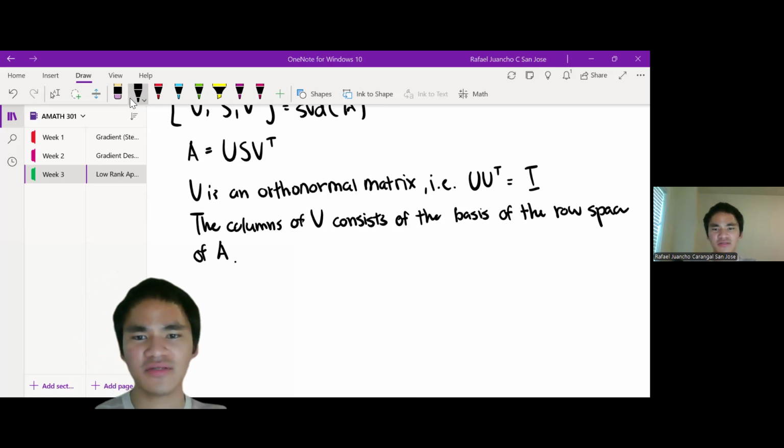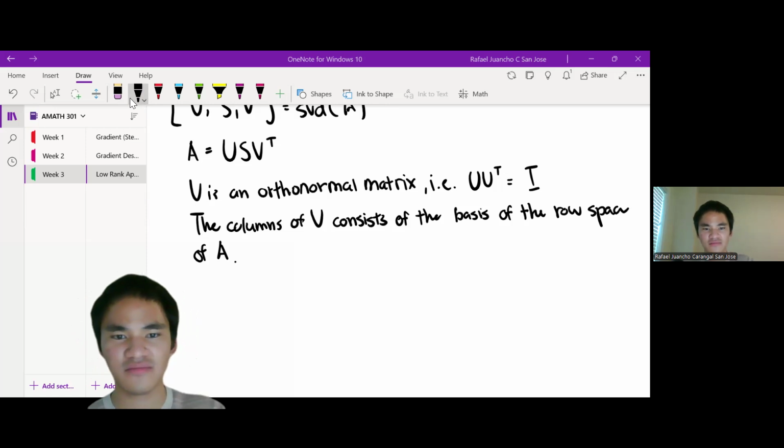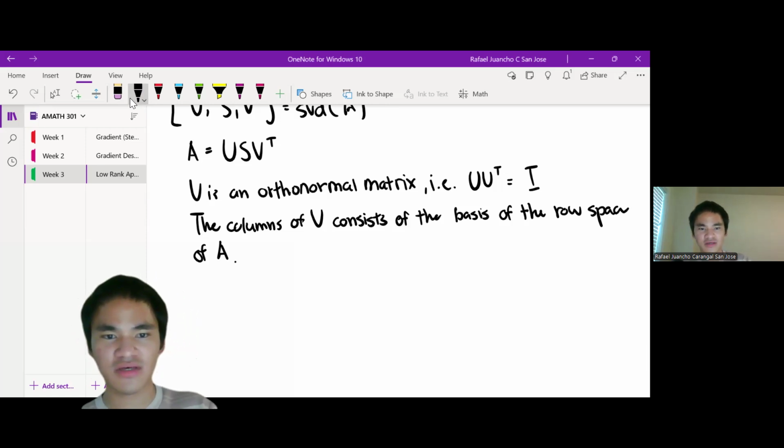Here we say that S consists of the singular values of A.